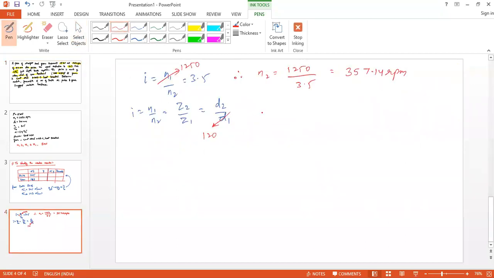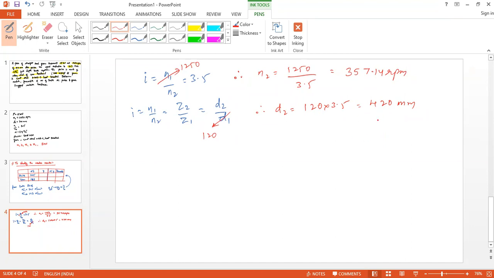So D1 is 120. Therefore, D2 is equal to 120 into 3.5, which is 420 mm. So now I know the value of D1 and D2, N1 and N2. Now I need to find the delta.